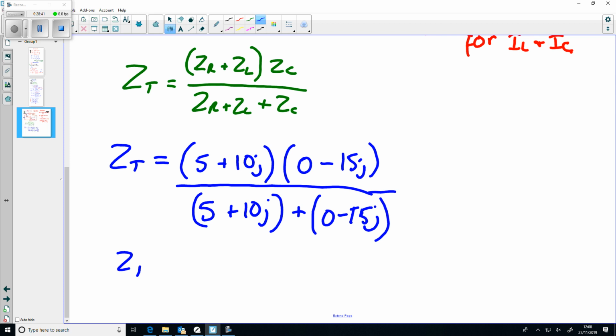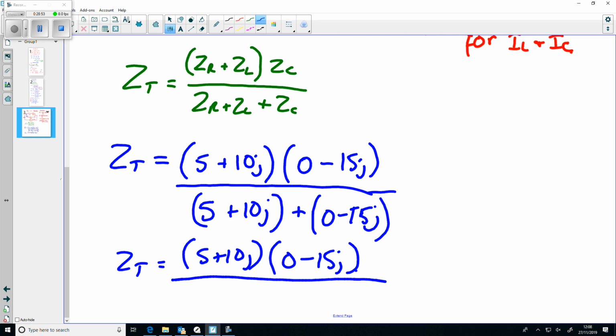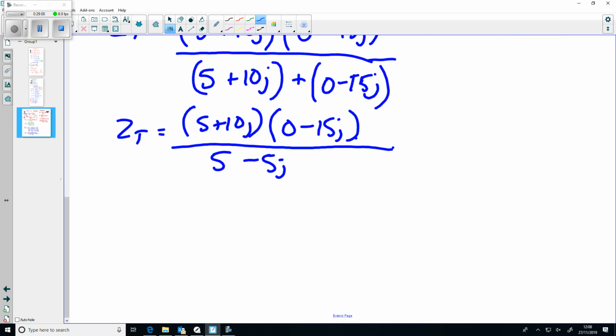So ZT is equal to, leave the top line as it is. 5 plus 0 is 5, sorry, plus 10 minus 15 is minus 5J on the bottom there.